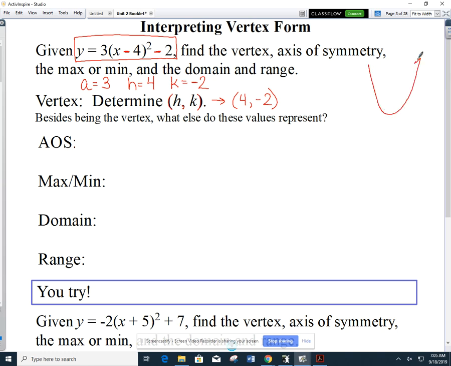So if this were your parabola, the axis of symmetry is the vertical line that cuts the parabola in half. I'm just drawing an XY axis. In this case, it looks like maybe the axis of symmetry is at negative 1.